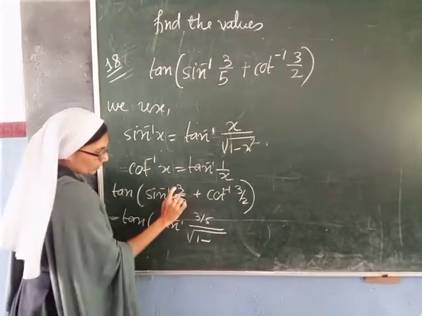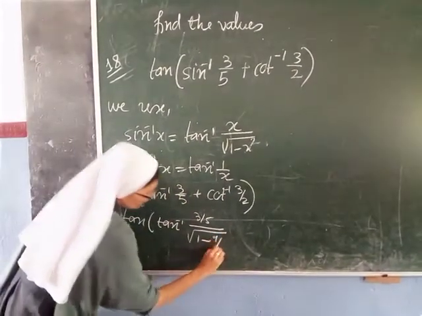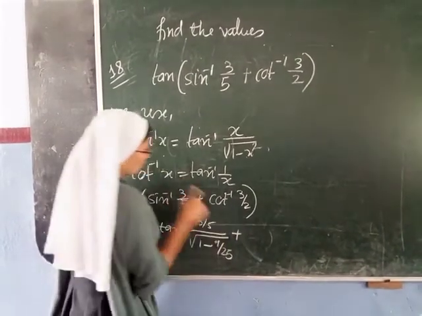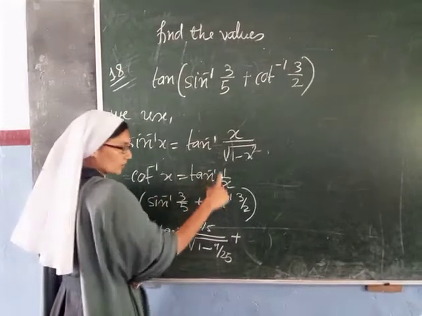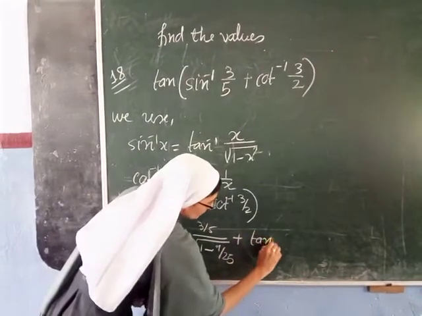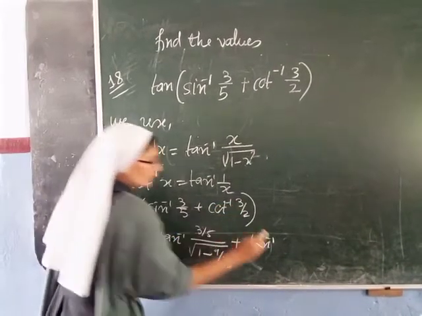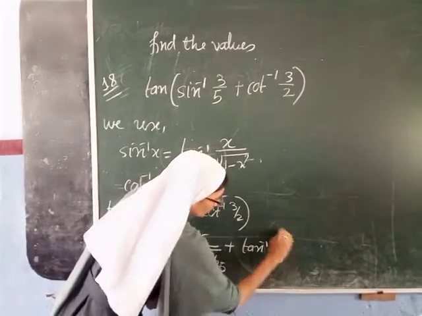X square is square of 3 by 5, so 3 square is 9 and 5 square is 25. Plus cot inverse. So cot inverse x equal to tan inverse 1 by x, so just take the reciprocal. So 2 will go to the numerator, 3 will come in the denominator. So 2 by 3.